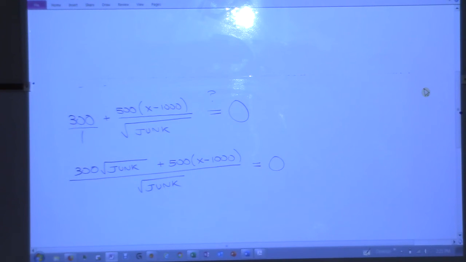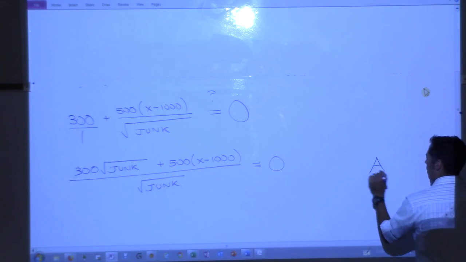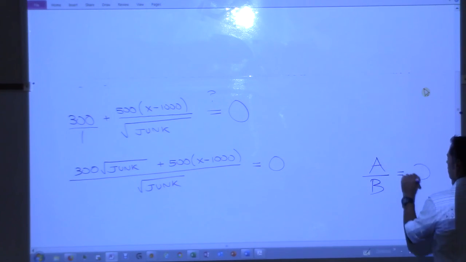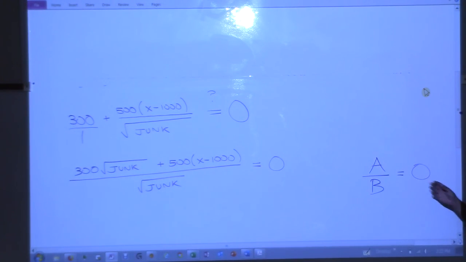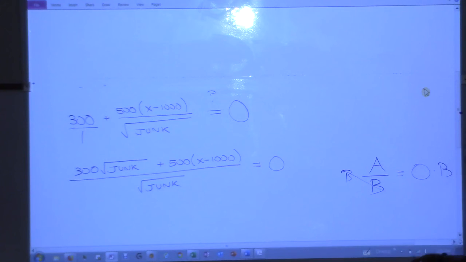Now, little side note, but very important. If you ever in your life have an equation where a fraction is equal to 0, you don't ever have to look at the denominator. Why? If I multiply both sides by b right now, they cancel and you just get a equals 0.